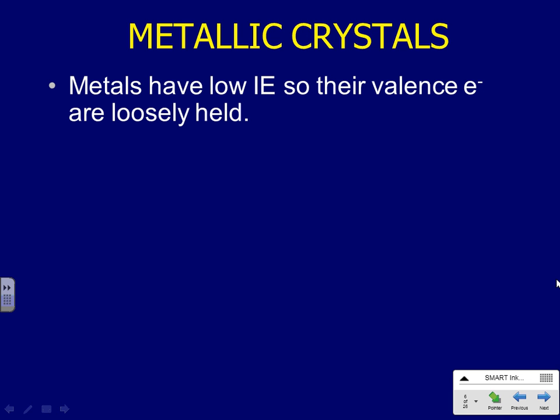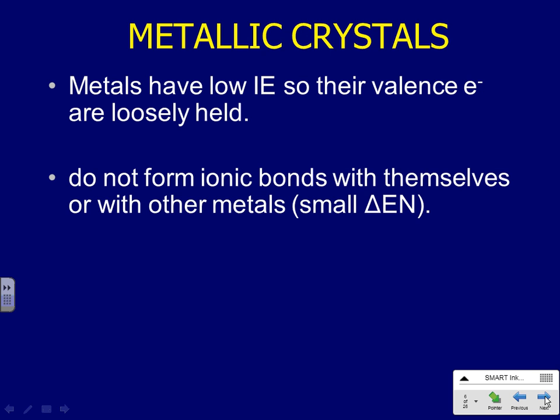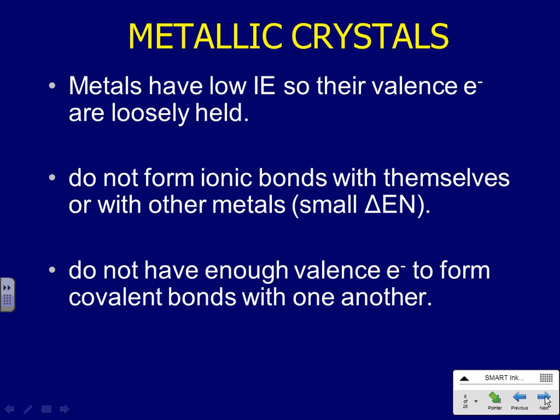So there's really not a strong attraction for the outer electron by any of the atoms in the structure. All of the atoms really don't care that much about the valence electrons. They do not form ionic bonds with themselves.